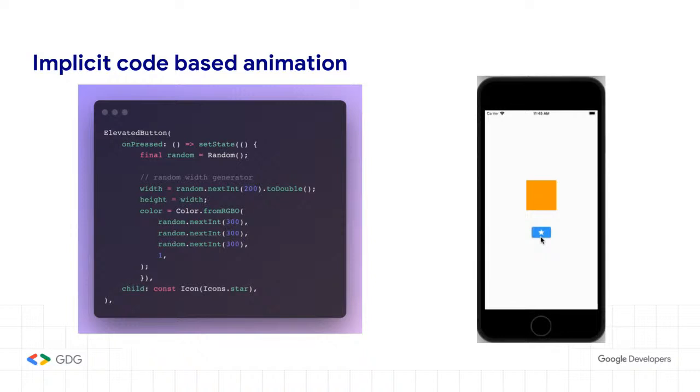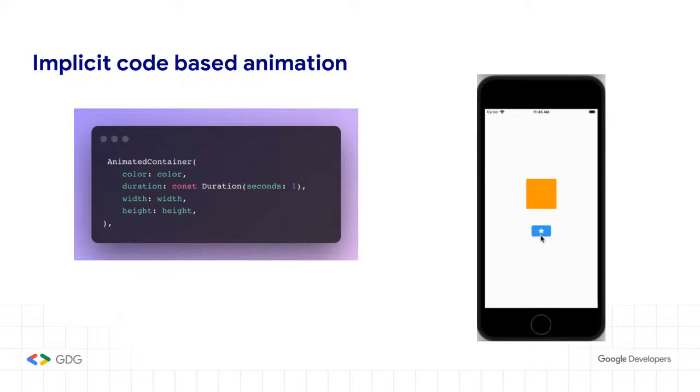container changes. And the way we can achieve it is that whenever the elevated button is clicked, a random number is generated and assigned to the width, and a random color is generated. All of these variables are enclosed within setState, so that every time the button is clicked, the animation appears and the container changes size.